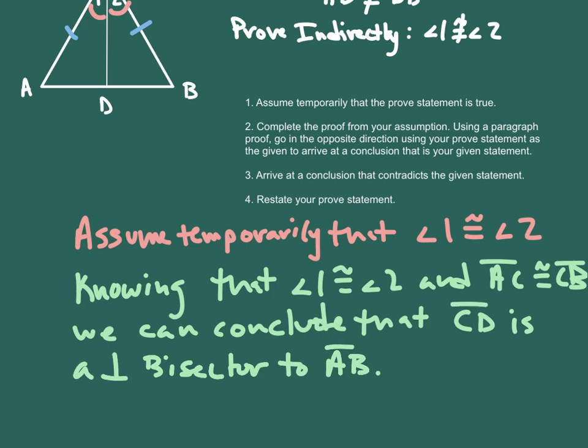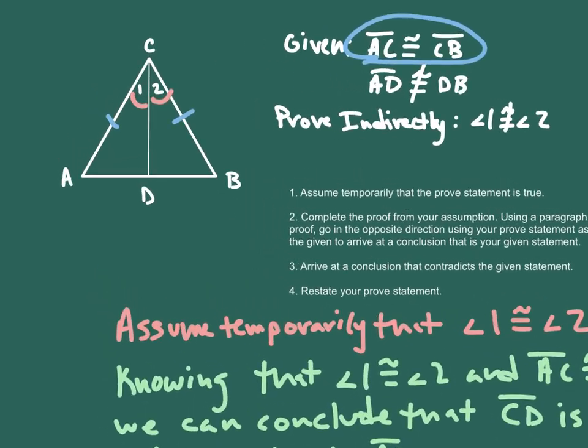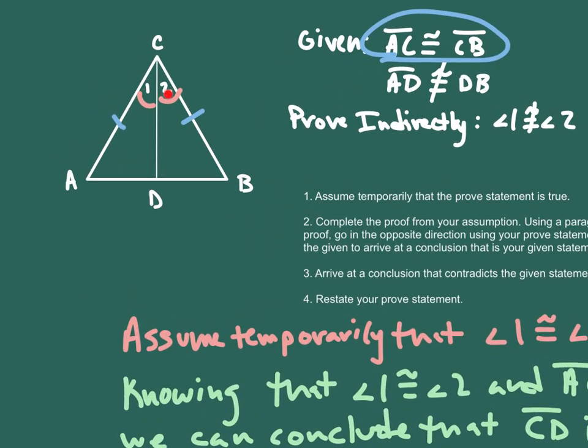We know that CD is perpendicular to AB and it also bisects it.